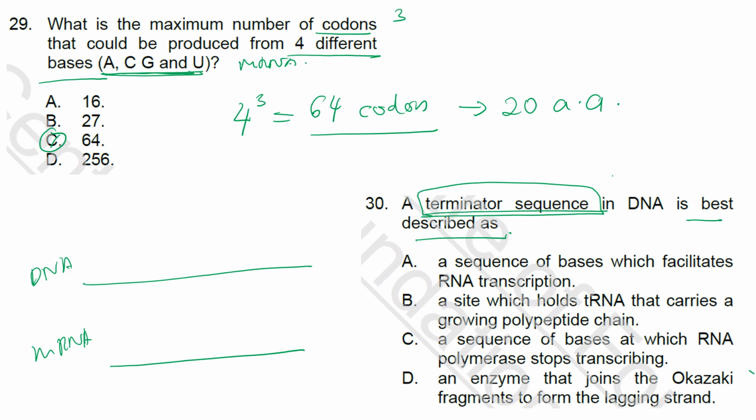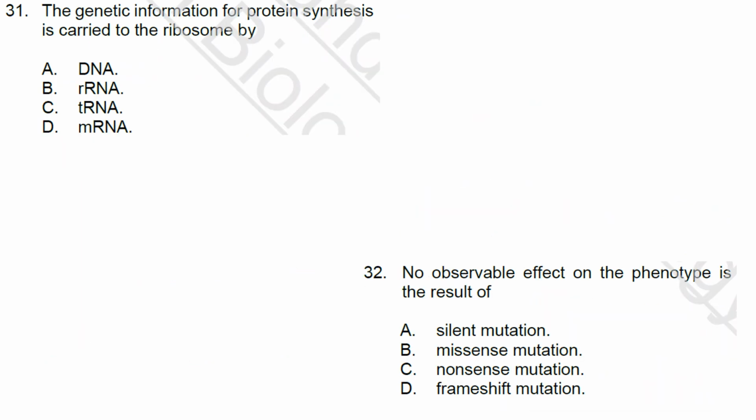So the answer will be C. Okay, a sequence of bases at which RNA polymerase stops transcribing, stops producing the mRNA. The enzyme involved is RNA polymerase. So when RNA polymerase encounters a terminator sequence on DNA, this indicates the process of transcription must stop. Okay, must be terminated.